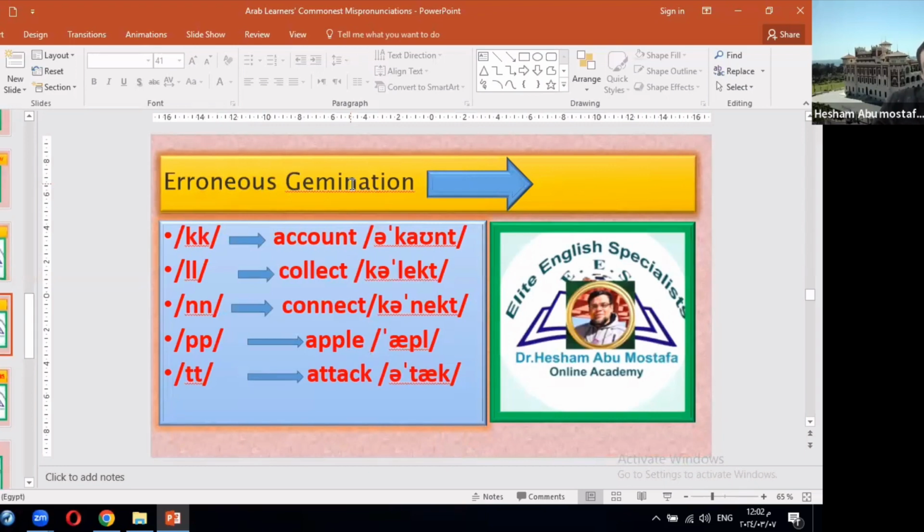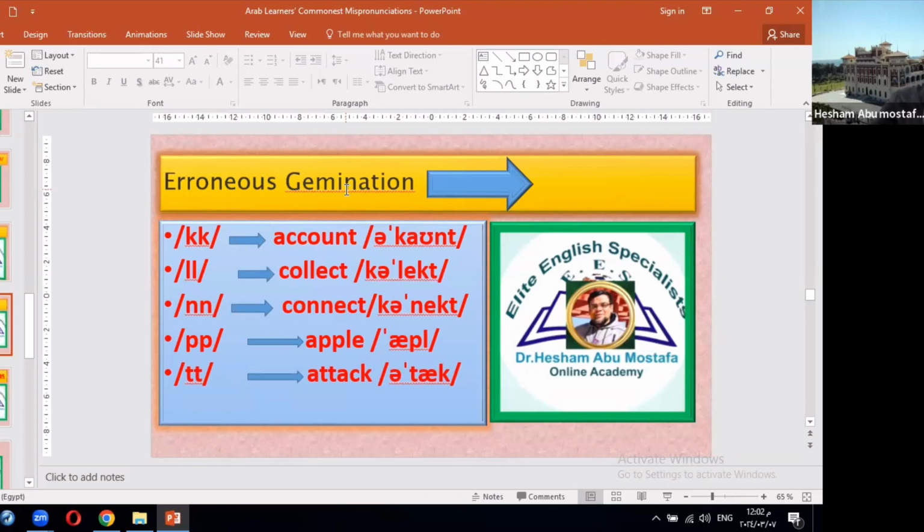Erroneous gemination. Gemination means what we call in Arabic shadda. It means that you pronounce two consonant sounds, or the same consonant sound twice, doubling the sound.